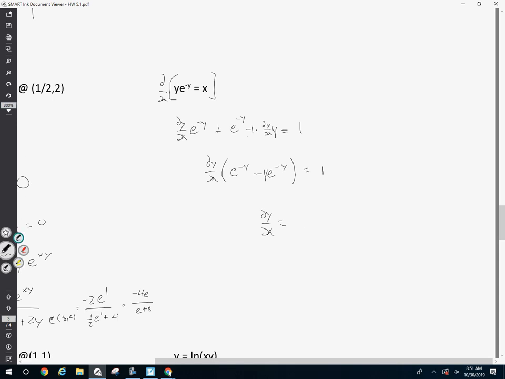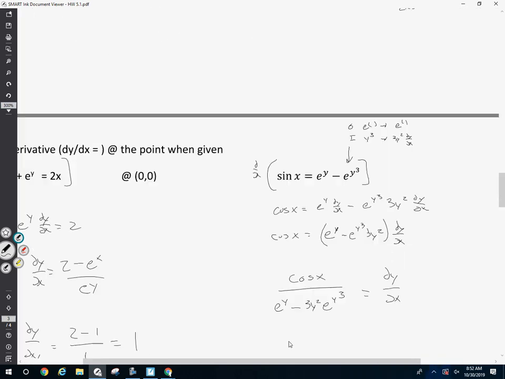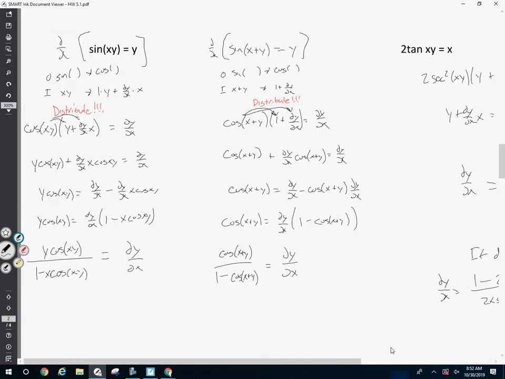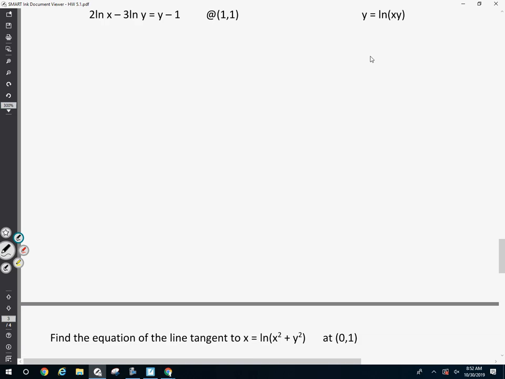It's silly. 1 over e to the negative y minus y e to the negative y. This is a great example of how you really have to be careful. Notice all the work that I'm doing for all of these. I'm very proficient at this, and I could go a little bit faster, but not too much faster. You really have to show all of your work to do these correctly.